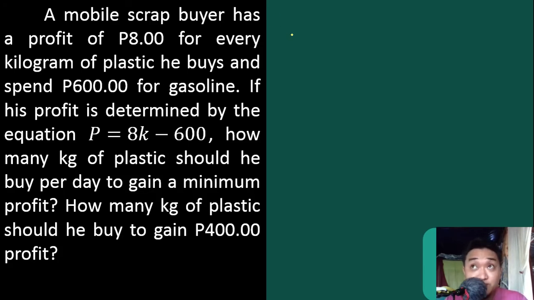So, pinag-uusapan naman natin ngayon is yung kita. Ano po? Kita in terms of profit. So, P here pertains to profit and K here pertains to the number of kilograms of plastic. So, what is the problem all about? Meron daw, parang bote dyaryo bakal. Ayan, nagbobote dyaryo bakal.